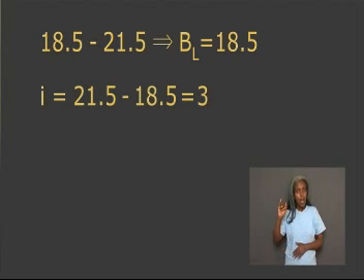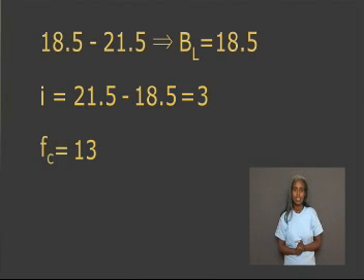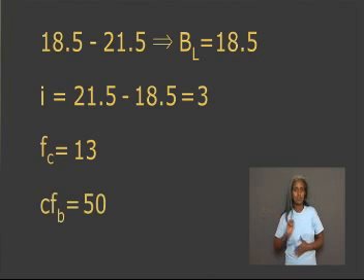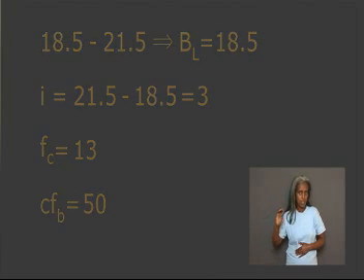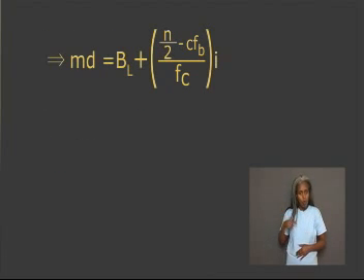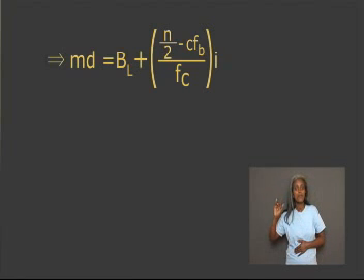i equals 21.5 minus 18.5, or 3. The frequency expressed by F sub C is 13, and the cumulative frequency is 50. Now we have all the data we need to find the median by using our formula.